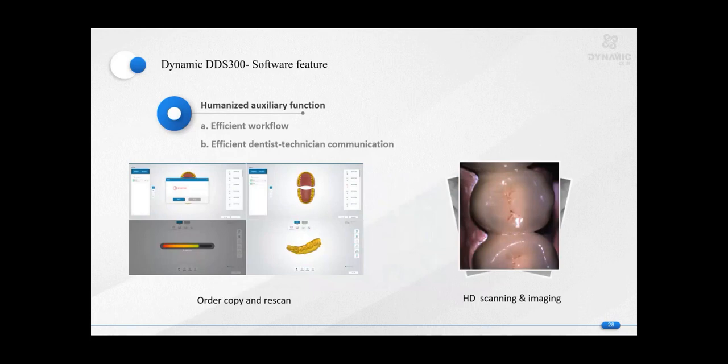It is very inefficient for a patient with multiple treatments to create a new order and rescan the full arch every time. So the order copy and rescan function is to solve such a situation and problem, so that the same patient order can be copied and rescanned. It's very useful. From this image you can see.